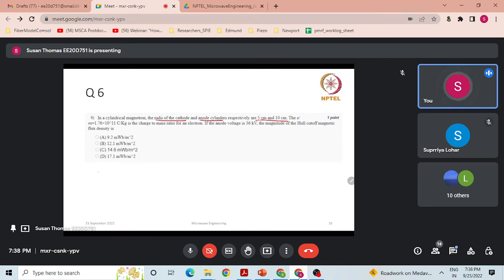The cathode radius is denoted by the letter A, that is 5 centimeter, and the radius of the anode is denoted by the letter B, that is 10 centimeter.